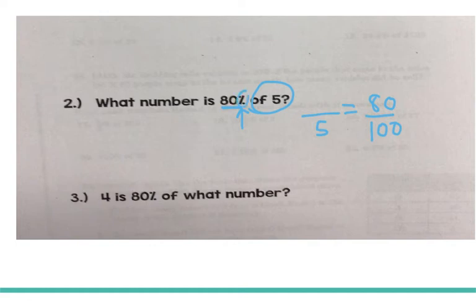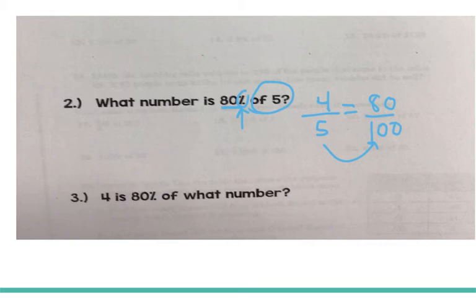Anytime you see that percent sign, you know you can write a fraction, right? Well, first of all, we just solved a problem that will help us with this. I know that to get from 5 to 100, we multiply by 20, so something times 20 is 80. So we know that's 4, or we could divide by 20. 100 divided by 20 is 5, 80 divided by 20 is 4.